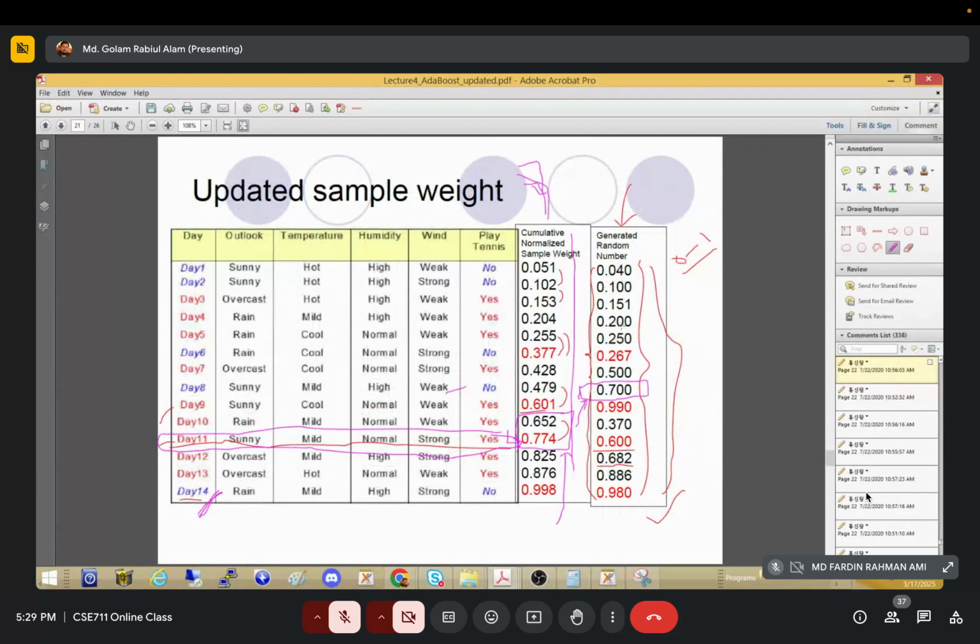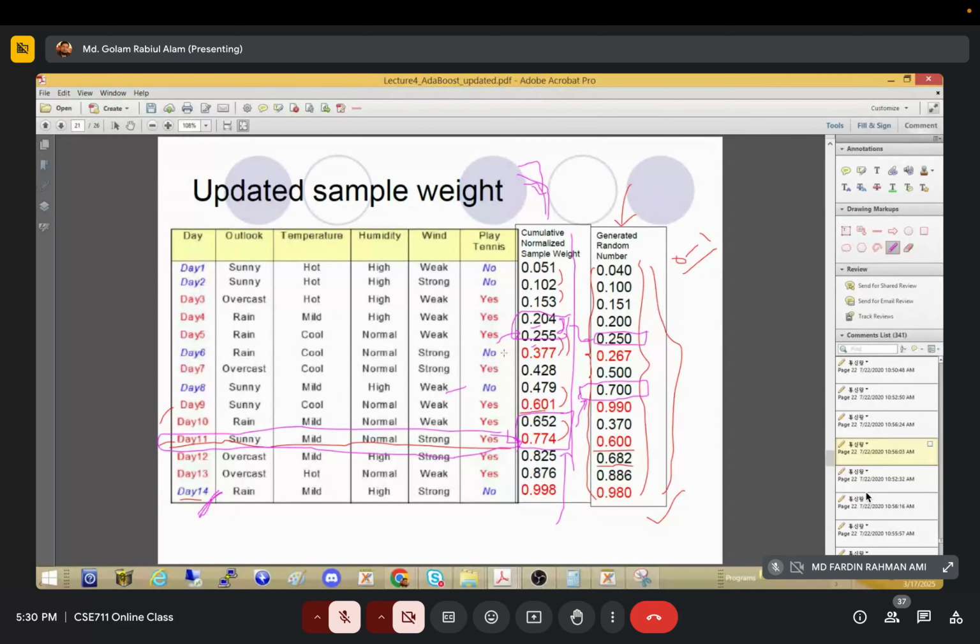Similarly, we take another random number, maybe 0.250, and find out the interval here. Here is 0.2 and here is 0.255, so within this interval we will get this value. Then we find the upper bound, which is 0.255.